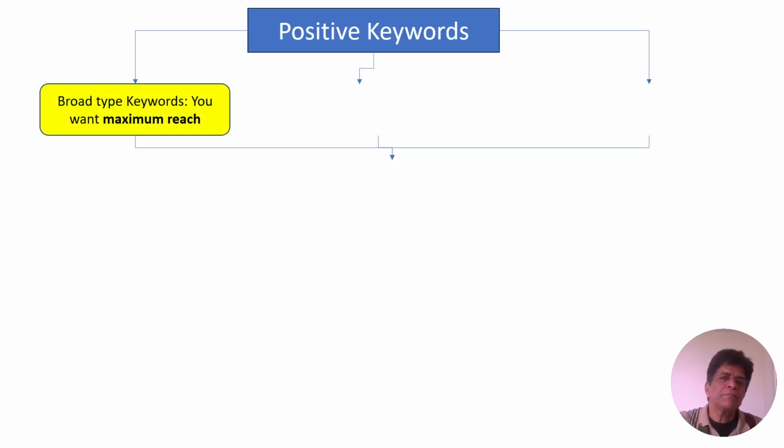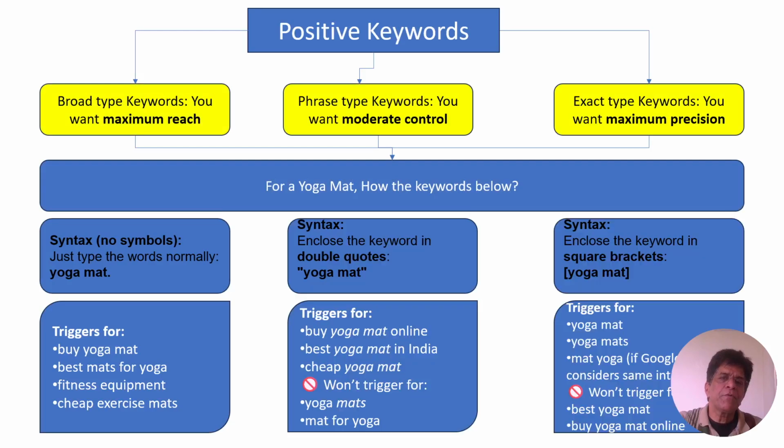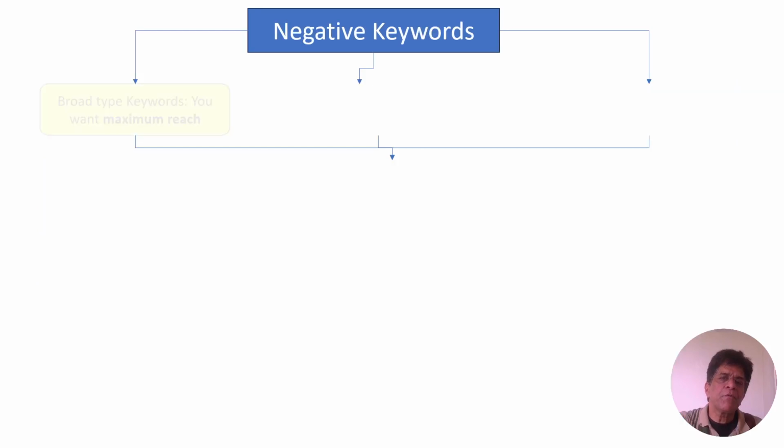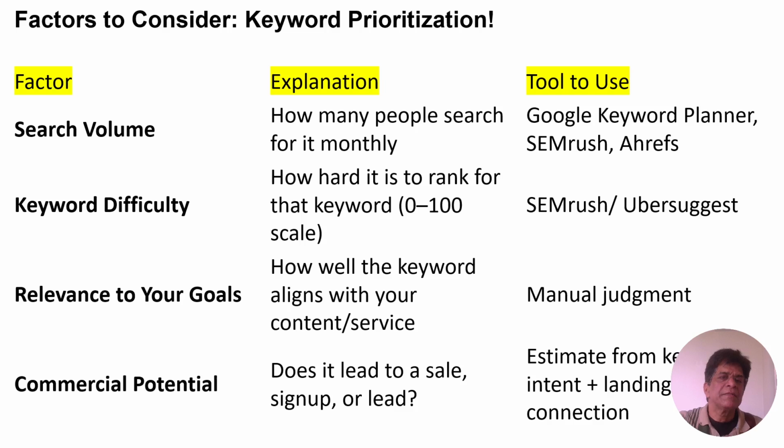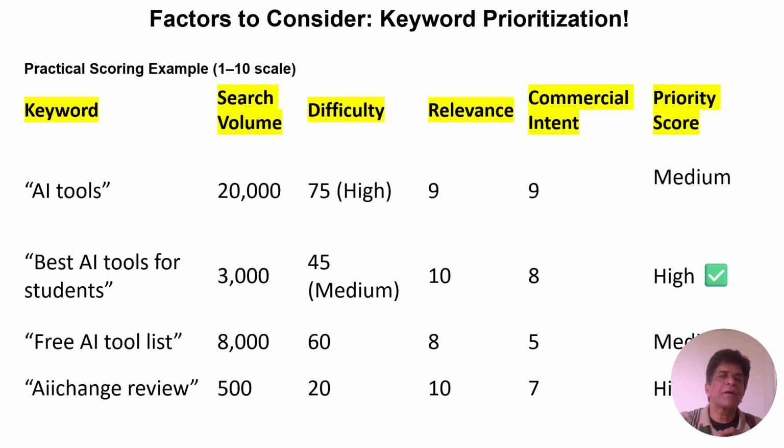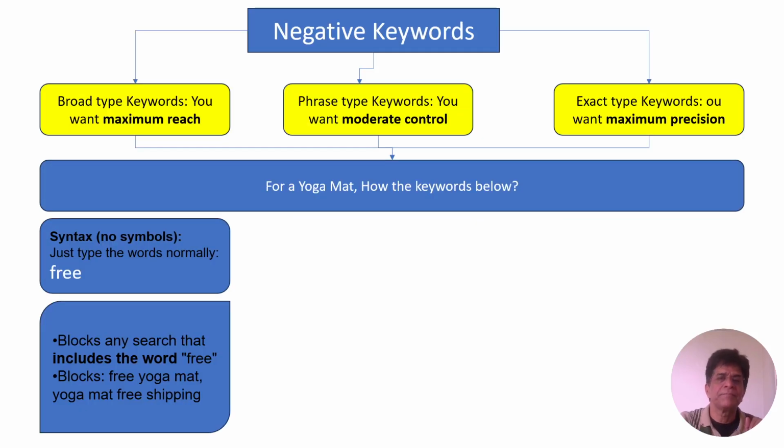Before we go for positive keywords and negative keywords, we need to understand keyword prioritization, and we have to understand the keyword factors to consider, which we will see in the next module.